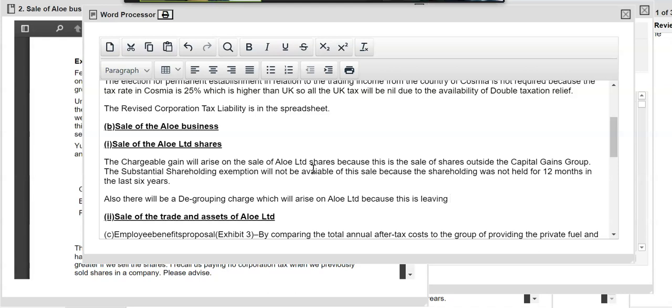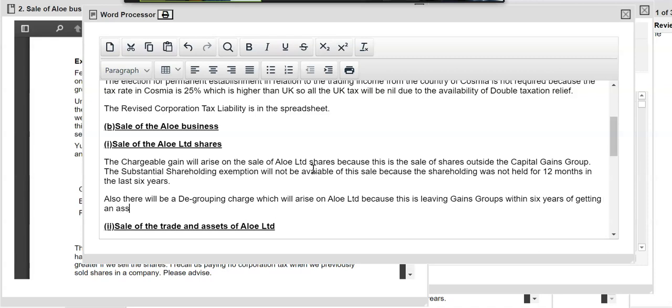So because this is leaving the company, leaving the gains group rather, within 6 years of getting an asset from another company from the same group, right?